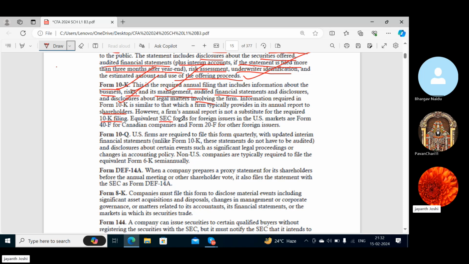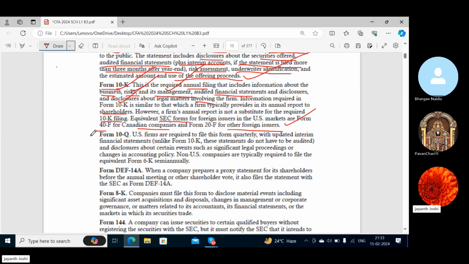Equivalent Securities and Exchange Commission forms for foreign issuers in the US markets are Form 40-F for Canadian companies and Form 20-F for other foreign issuers. So Form 10-K is for American companies, and there is the same kind of form for foreign issuers in the US market. There can be some Canadian companies operating in the US that have raised finance in the United States.